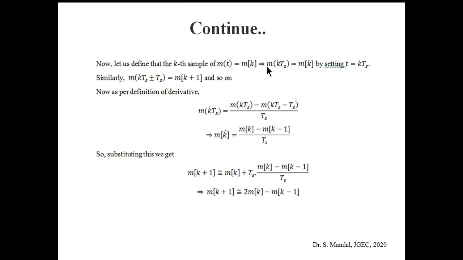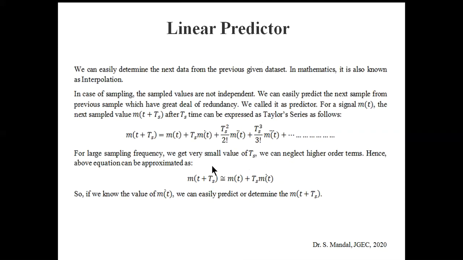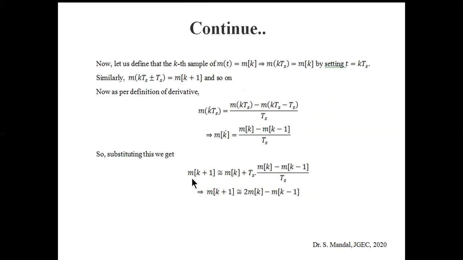So by using this notation, we can write m'[k] = (m[k] − m[k−1]) / Ts. Now substituting this m'[k] in the earlier equation, where m[k+1] = m[k] + Ts m'[k], we get m[k+1] = m[k] + Ts × (m[k] − m[k−1])/Ts.